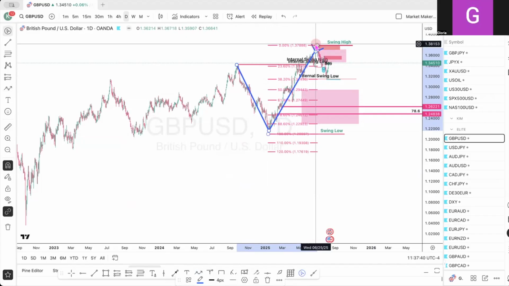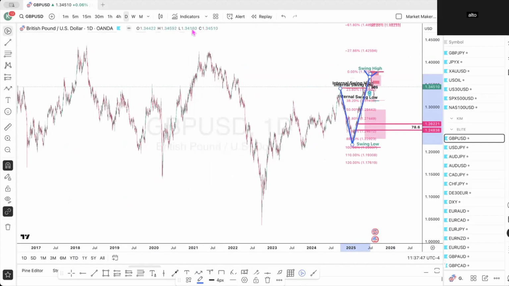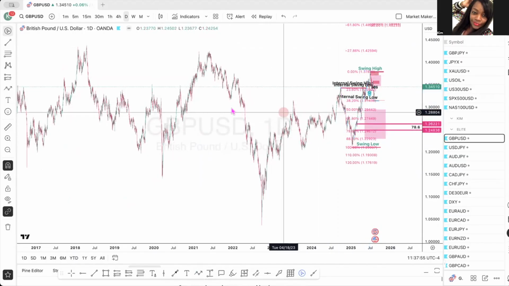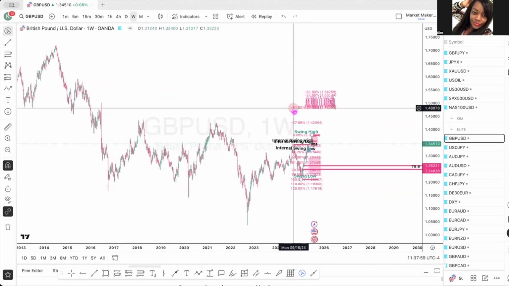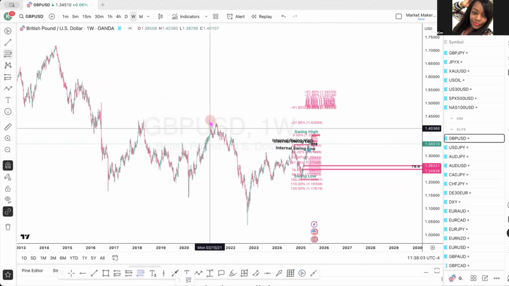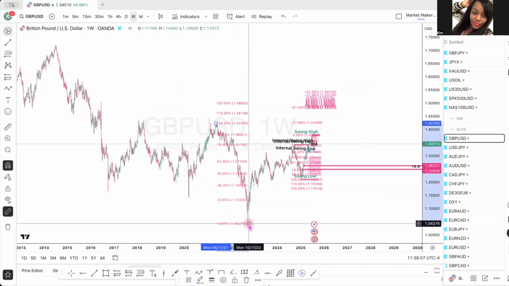And you have nothing marked if you zoom out, like on a higher time frame, a swing low, a swing high? Okay. Let me go to the weekly. So based on the weekly, and I think we've gone over this, this was the last down move, right?